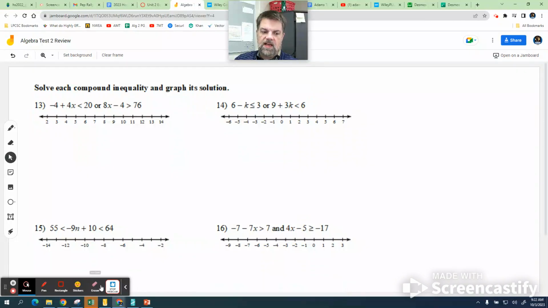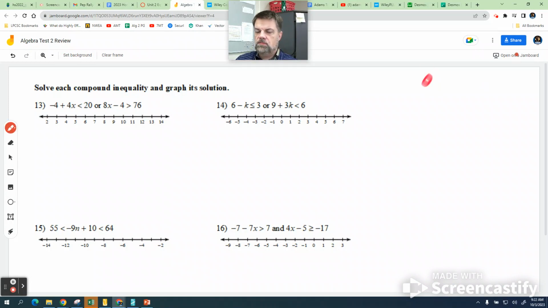So as a side note, we're doing compounds. Whenever you see the word or, that is like a union.